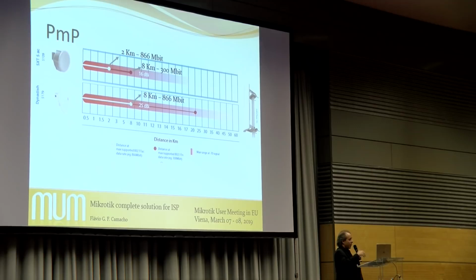With equipment with better antenna, like Dynadish, we can go far. 8 kilometers with 800 megabits, or up to 20 kilometers with 300 megabits. Lots of wireless clients we have using this technology.